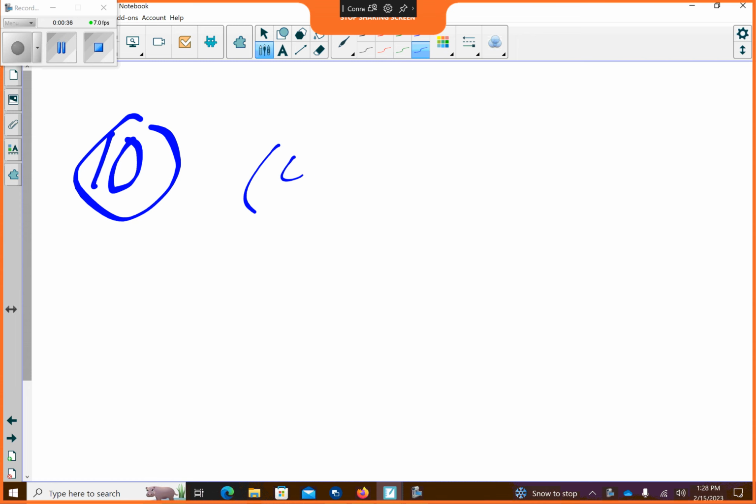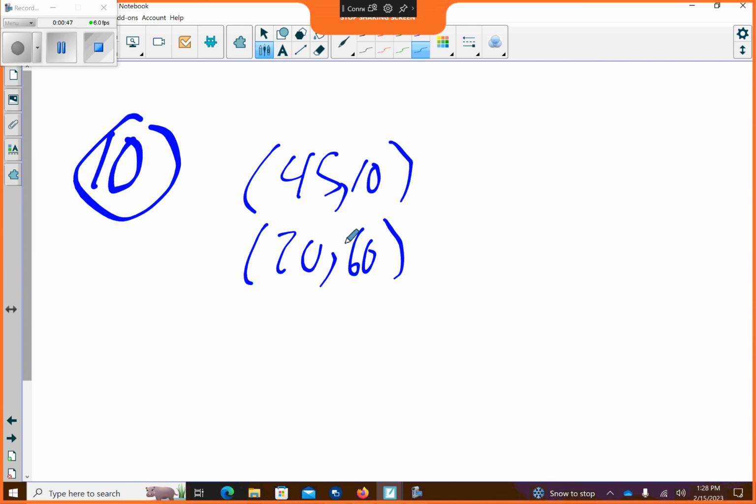So we've got to plug in 45, comma 10, and 20, comma 60. Retailers will buy 45 phones from a wholesaler at 10, and buy 20 at a price of 60.